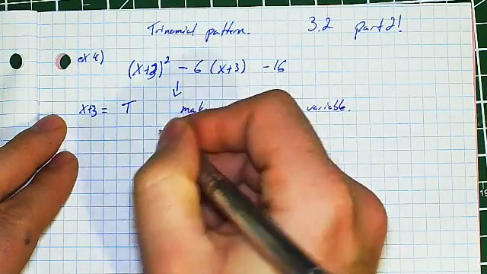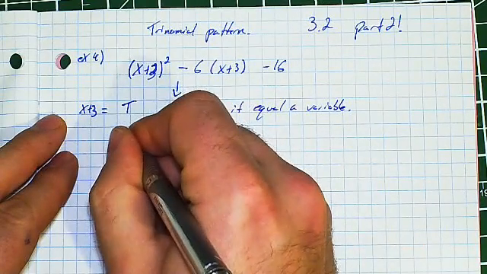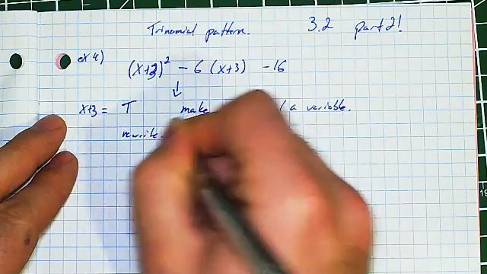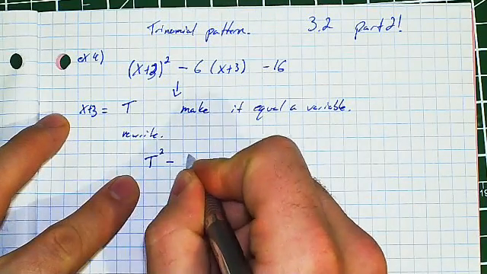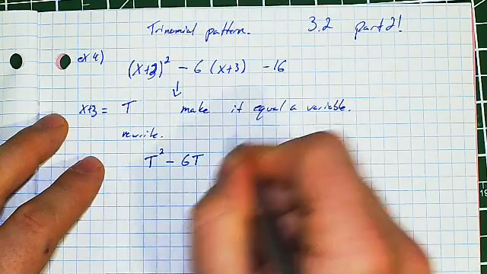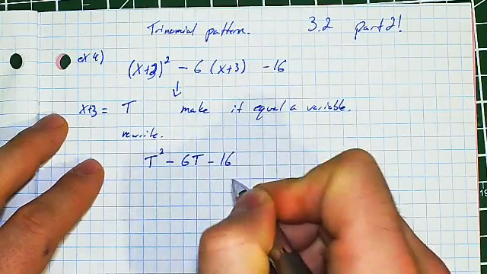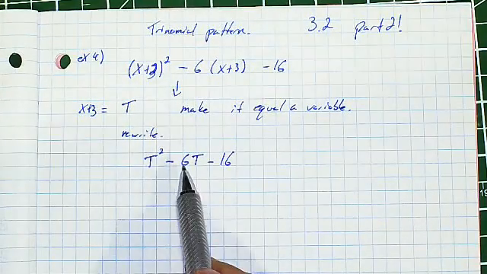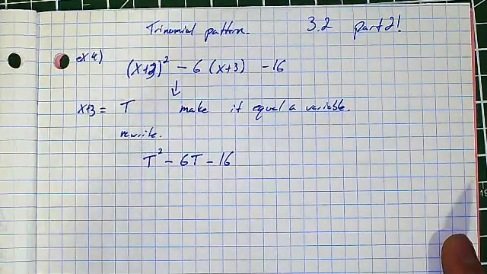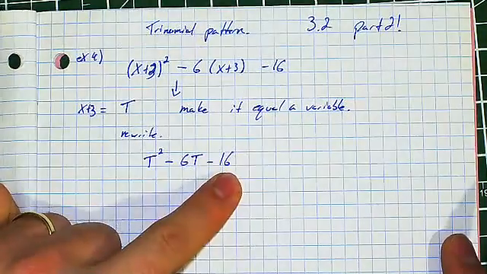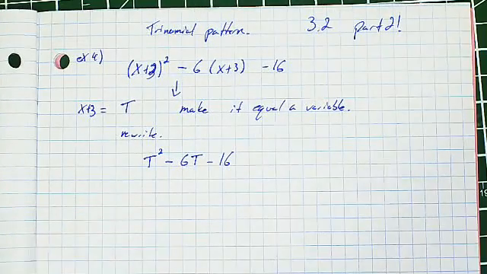If I rewrote this, what would happen is I have t squared minus 6t minus 16. And this, you can probably recognize, is a simple trinomial. We can factor this way back from grade 10. Two things that multiply to negative 16 and add up to negative 6.